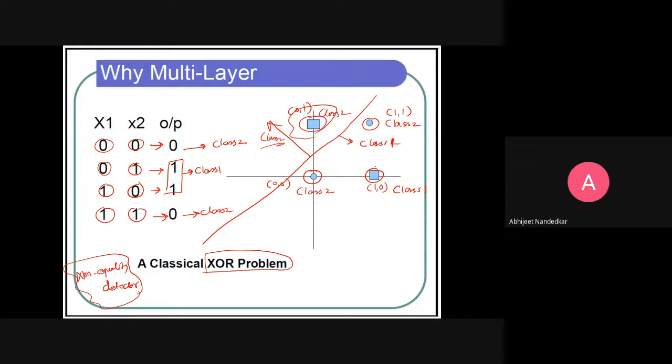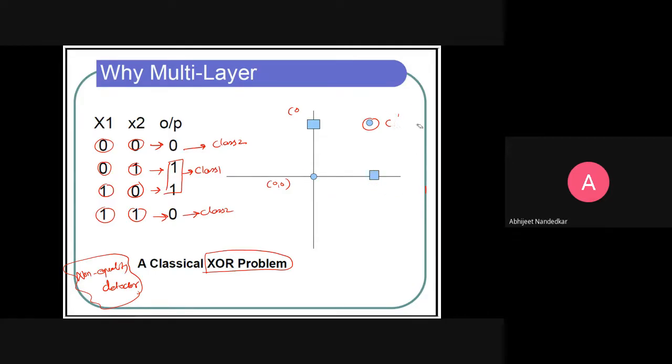Then you can see that things are getting misclassified. I cannot draw a line which can separate these 4 samples into correct categories, like the earlier case.